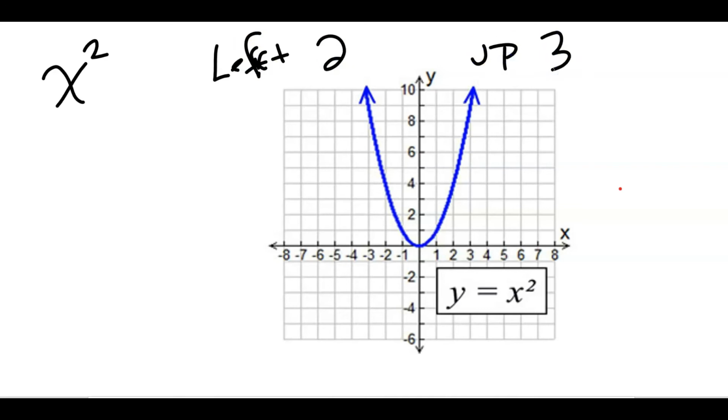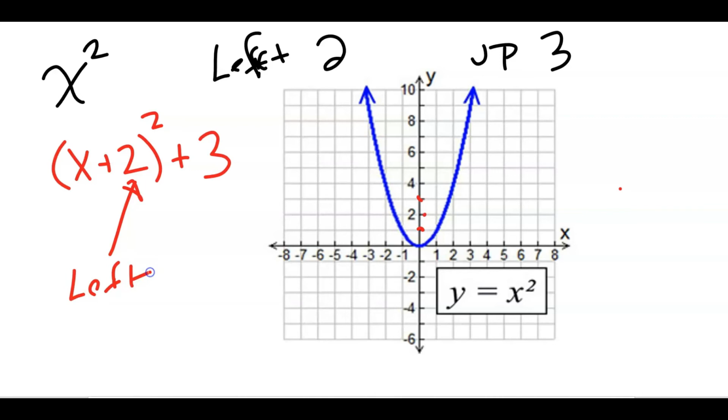Okay, if that's the transformation I was wanting to do to this parent function, left 2, up 3, my new function would be: left 2 is always going to be plus. It's always going to be the opposite of what you would think. But up 3 is just going to be plus 3. That plus 3 is going to move me up 3 spaces. The plus 2 is moving me to the left, and this is moving me up.